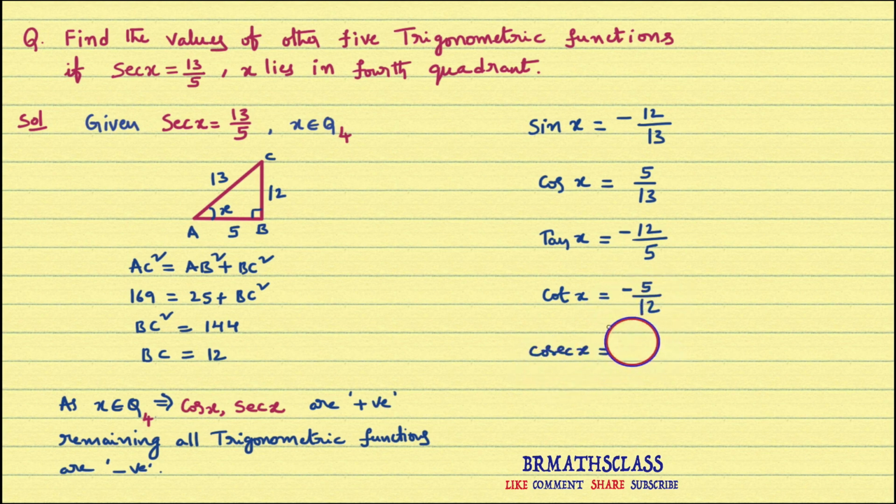Cosecant x is defined as hypotenuse divided by opposite side: 13 divided by 12. Now it's time to write the sign. As x lies in the fourth quadrant, cosecant x is negative. So cosecant x is minus 13 by 12.